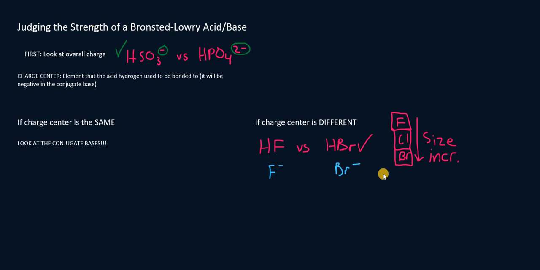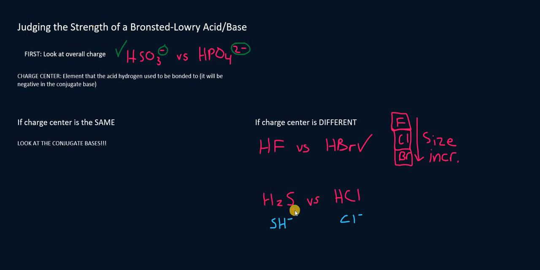Because the stronger your acid is, the easier it is for that hydrogen to pop off. Fluorine is really small, therefore it pulls really hard on that hydrogen that it's bonded to. Bromine is much bigger, therefore it has less of a pull on that hydrogen, making the hydrogen easier to pop off.